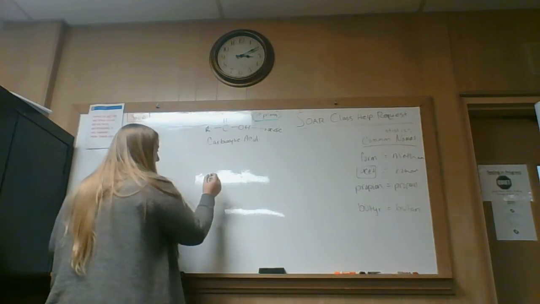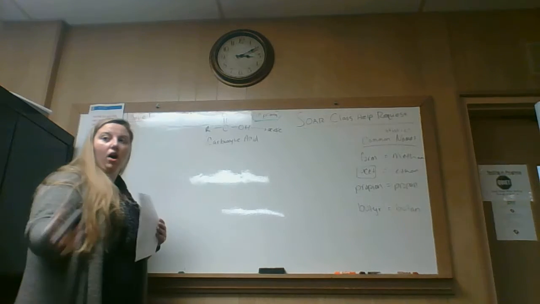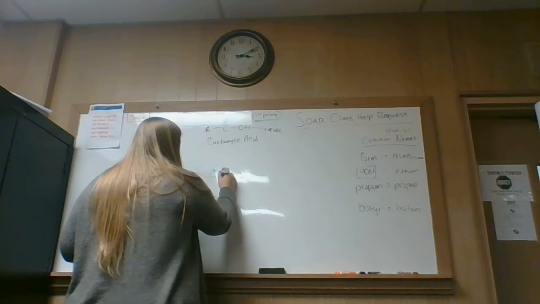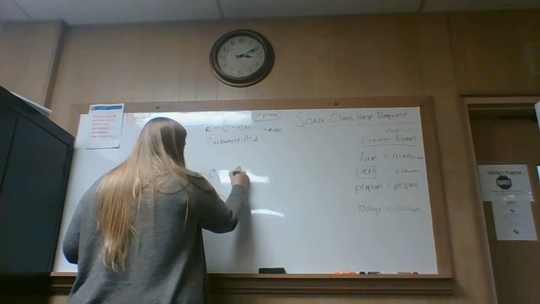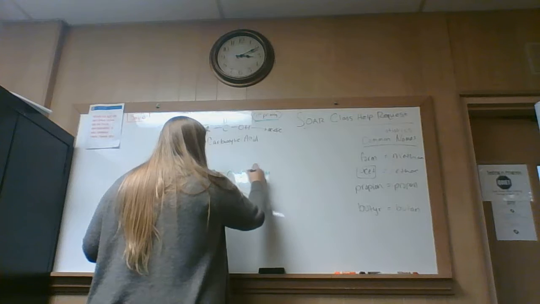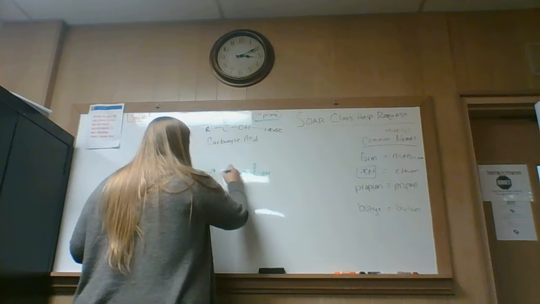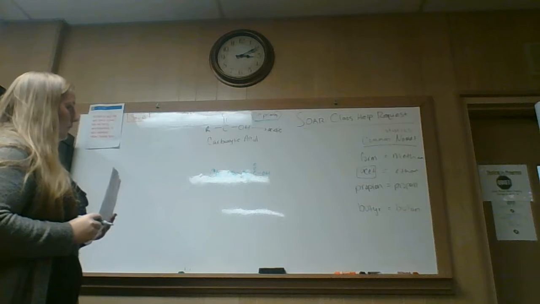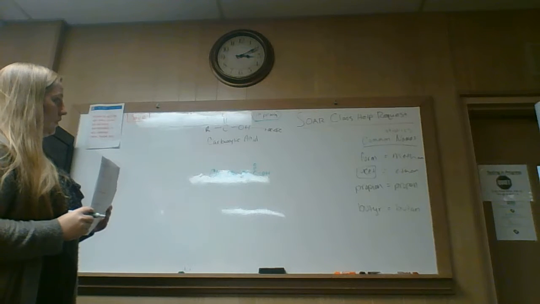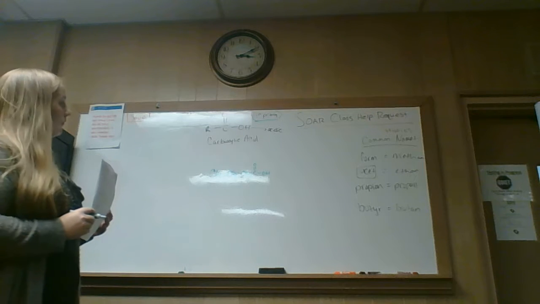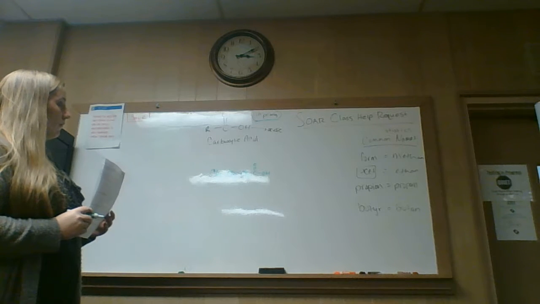In terms of naming, I know he mentioned some common names as well as the IUPAC. We'll go over IUPAC first. So how would we name this molecule? Well, butane.